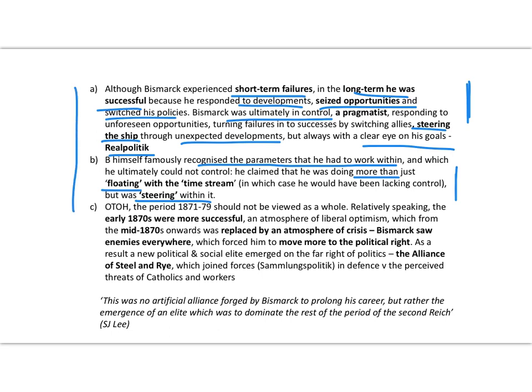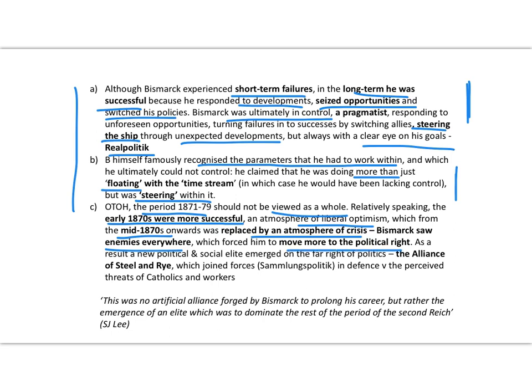On the other hand, the period 1871 to 9 should not be viewed as a whole. Relatively speaking, the early 1870s were more successful. There was an atmosphere of liberal optimism. New country coming together, the National Liberals in the Reichstag working with Bismarck, unitary laws being passed. But by the mid-1870s onwards, there was an atmosphere of crisis. Bismarck saw enemies everywhere. He's moving to the political right.